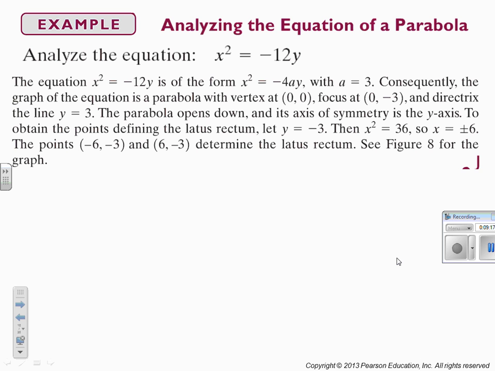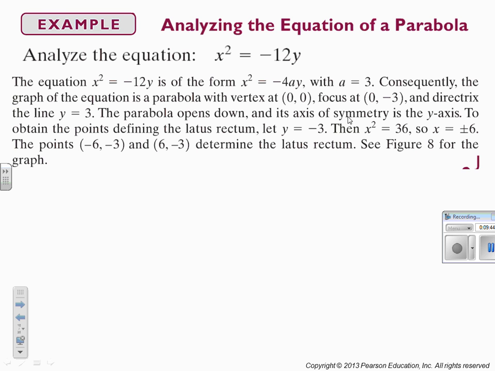The vertex is at 0, 0, and our focus is at 0, negative 3. That negative sign means that we are opening down. The directrix is the line y equals 3 because it's the opposite of a.